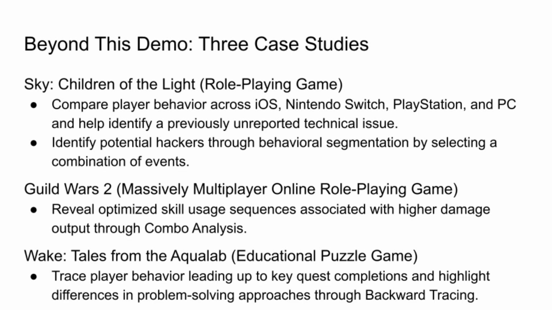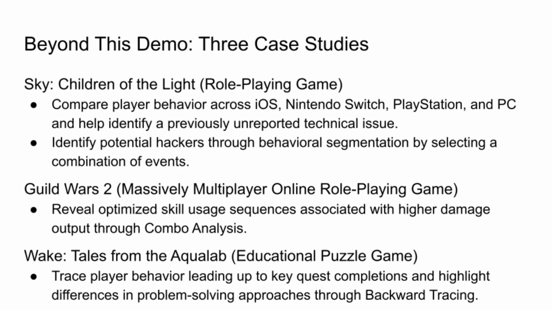We have 3 case studies to show the analytical value of the system. In Sky Children of the Light, a role-playing game, we compare player behavior across iOS, Nintendo Switch, PlayStation, and PC, and help identify a previously unreported technical issue. Moreover, we use behavioral segmentation to identify potential hackers by selecting a combination of events.